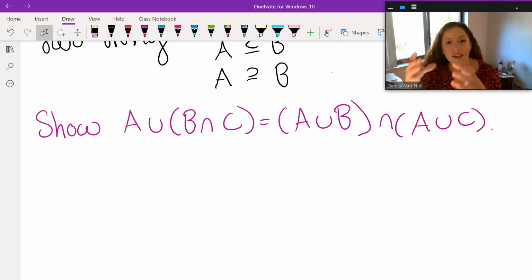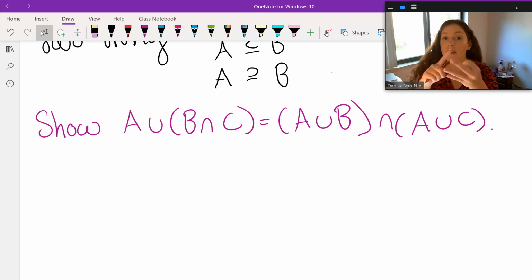So for this class, most of the skeletons are going to look the same, but the meat could be different. What I mean by that is I'm going to show you a process, and your process still needs to be the same: I show A is a subset of B, then I show B is a subset of A, if I'm trying to show A equals B, then I write my conclusion.